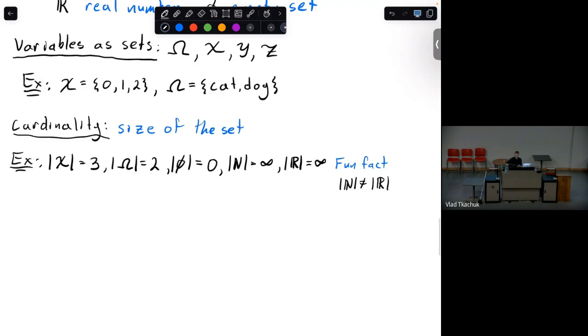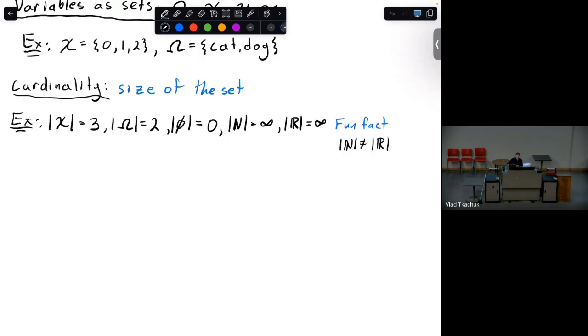Okay, now we move on to things called elements or subsets of sets. Okay, cool.